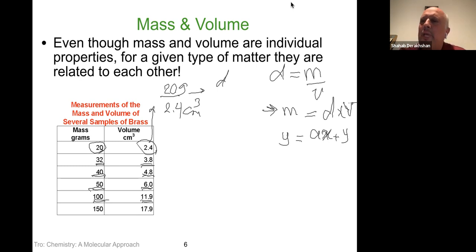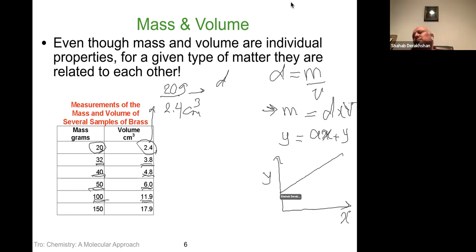Generally speaking, you can draw that equation into a graph, where y will be this axis, x will be this axis. And since this is linear, it will look like that. This is the general situation. So obviously for this line, you have a slope.